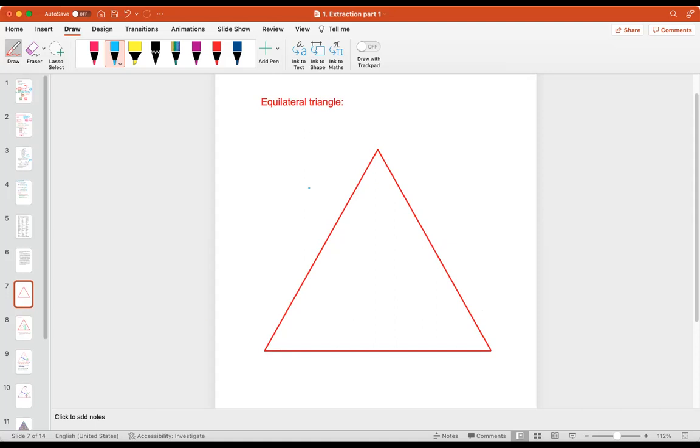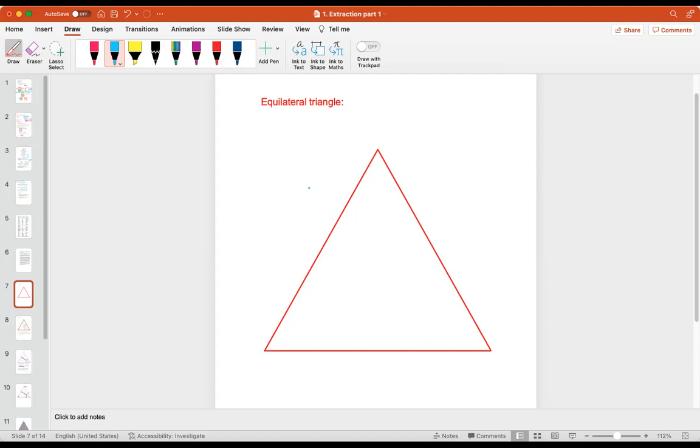This is what we call an equilateral triangle, segitiga sama sisi, and we're going to use this for the graphics, to understand the equilibrium, and later on the operating line of the extraction operation.